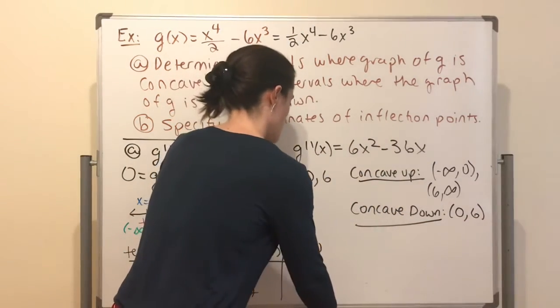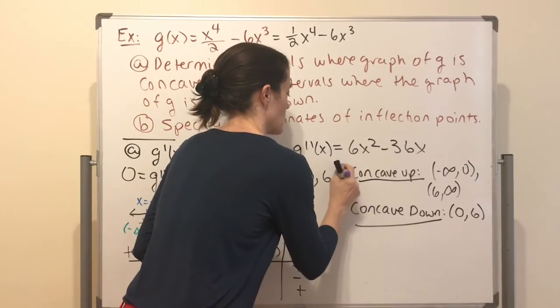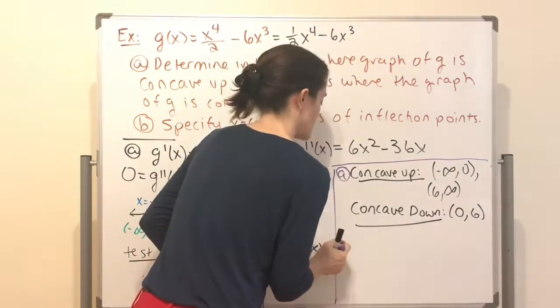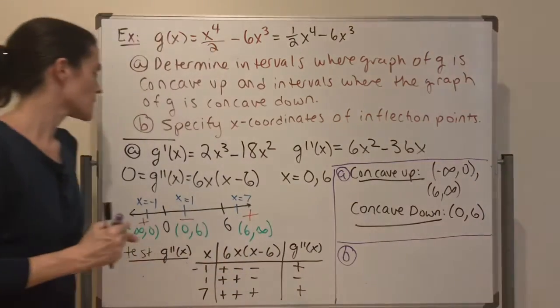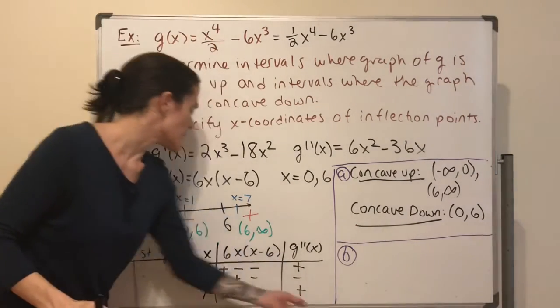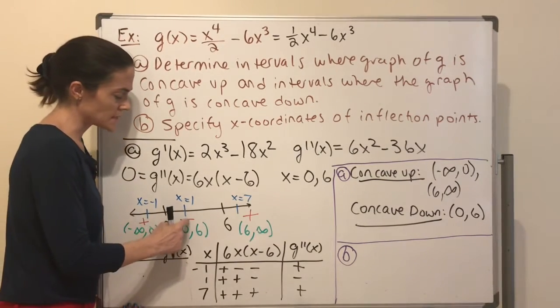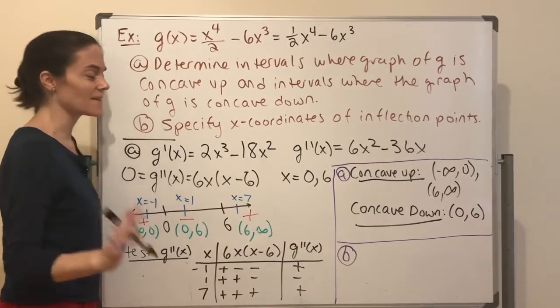And then I'll put my final answers in this box. Part B, inflection points. Well, you see, looking at this number line, concave up on this side, concave down on this side, x equals 0 is an inflection point.